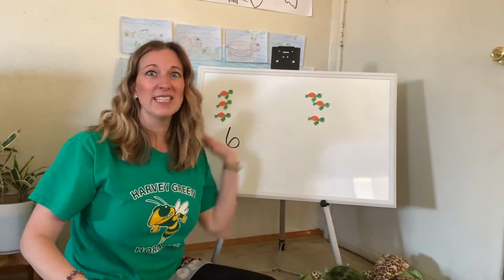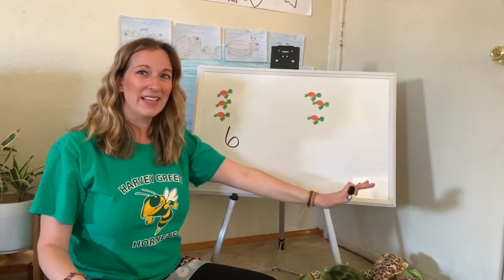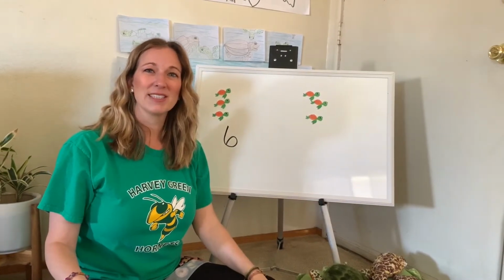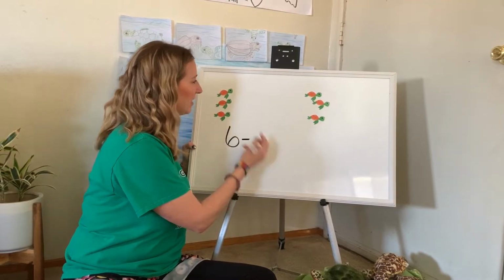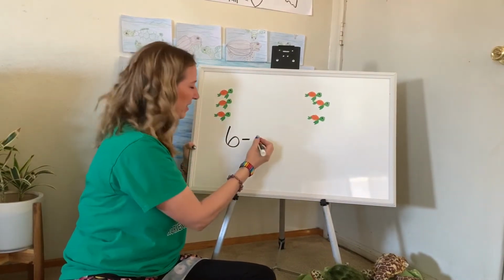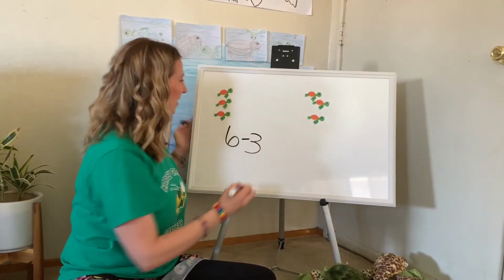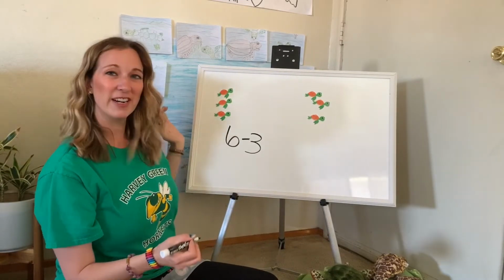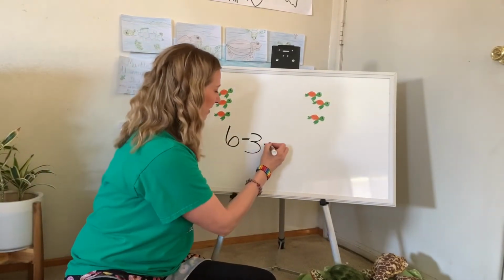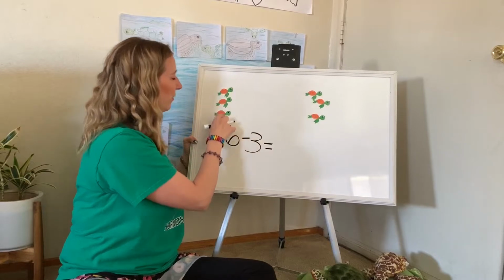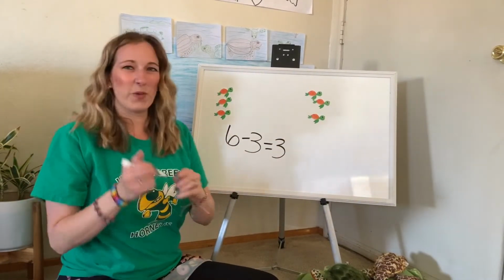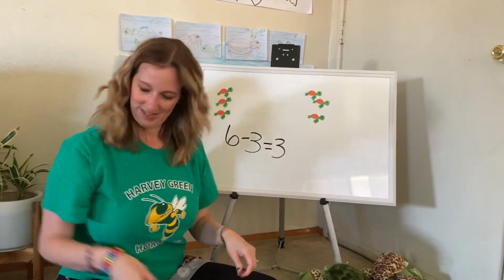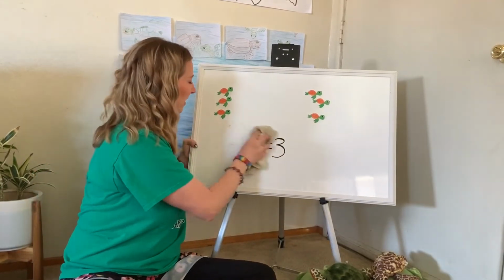So if they went away, am I going to add or subtract? I'm going to subtract. Minus 3. So how many do I have left over? 1, 2, 3. So 6 minus 3 equals 3.